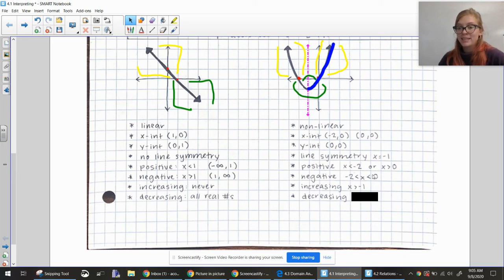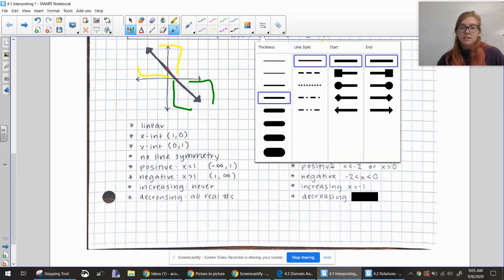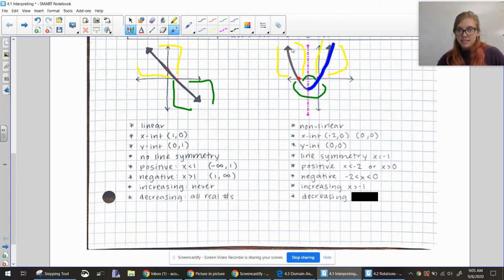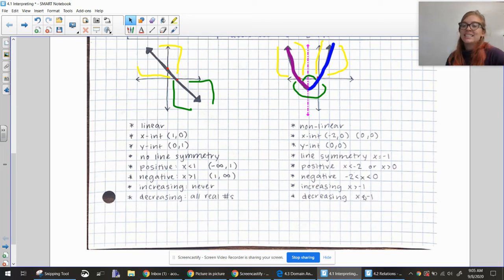Notice we only care about the x coordinates for all of these pieces, and we're not so much worried about the y coordinates. The graph is decreasing, going down from left to right, when x is less than -1. So it's going down when x is less than -1. That is where it is decreasing.